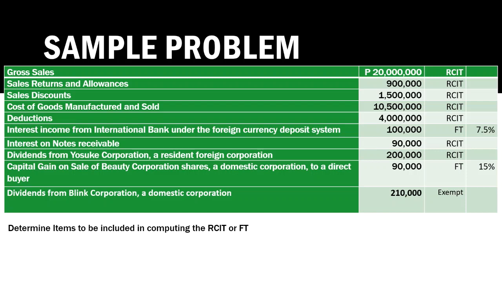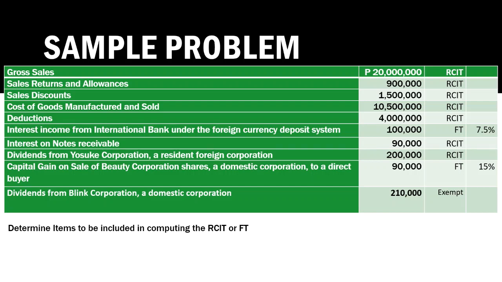How about the dividends from Yosuke Corporation? It is a resident foreign corporation. So, kung babalik ka dun sa kaninang slides, pwede mong i-pause ito. And then, balik ka dun, makikita mo, yung dividends from a domestic corporation is exempt from income tax. But since this is a dividends from a resident foreign corporation, it would be subject to regular corporate income tax.